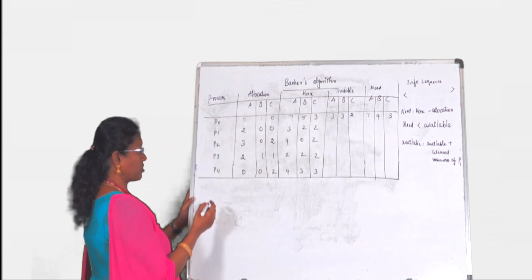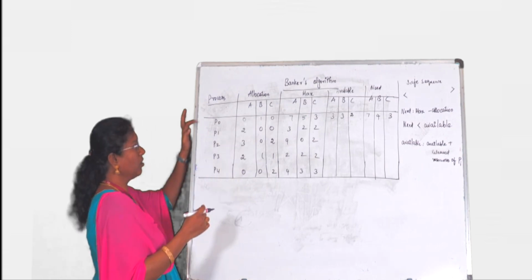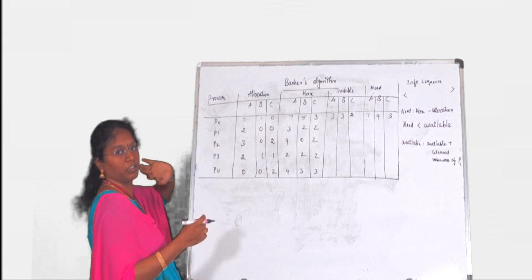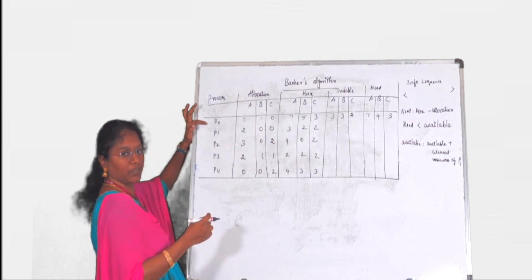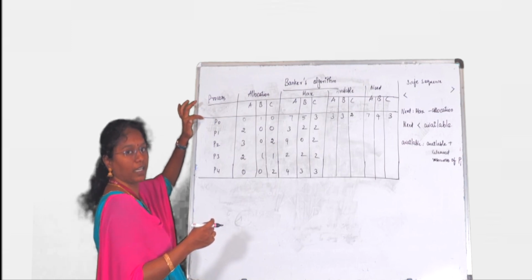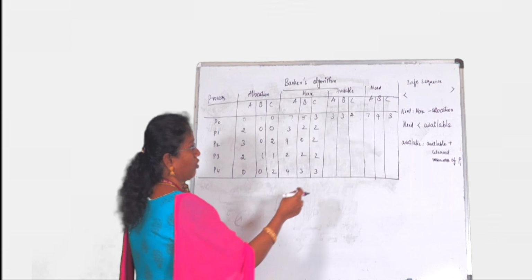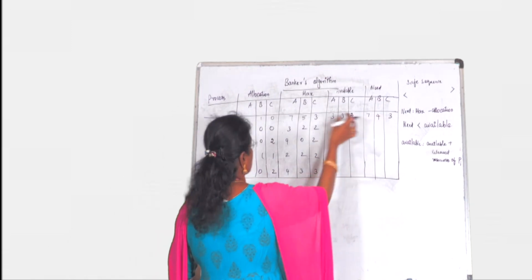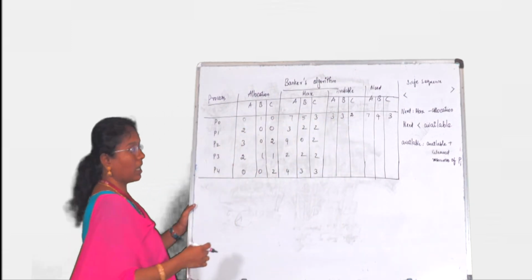Now we have to check. Initially, none of the processes has been executed. We have taken only the process P0, and we are going to check whether it will execute or not. We have found the need for process P0 and the available resources.